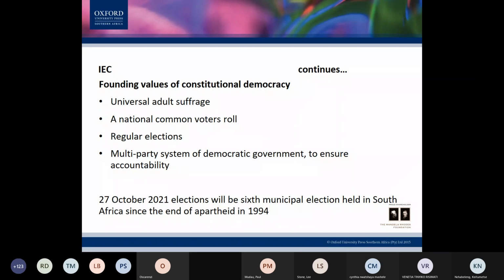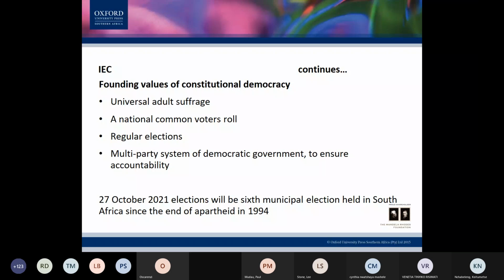Then with regards to South Africa, the president has announced that local government elections will be held on the 27th of October 2021, and these will be the 6th municipal elections held in South Africa since 1994. And you can see that these features of founding values of constitutional democracy have all been achieved in practice.